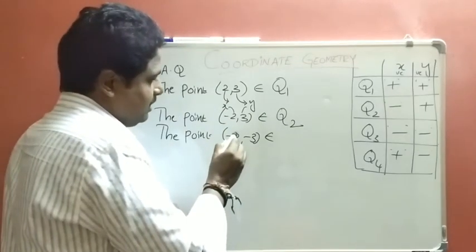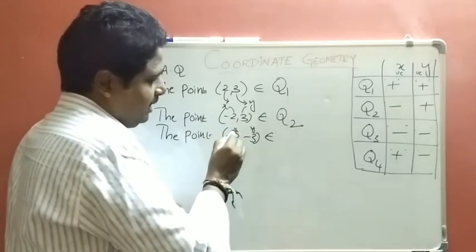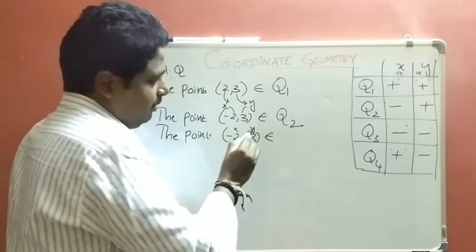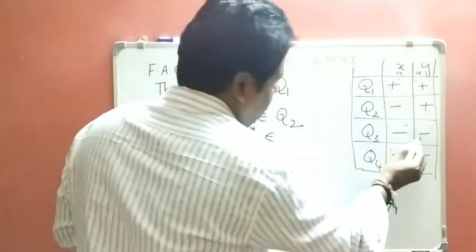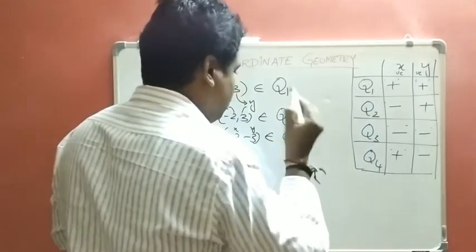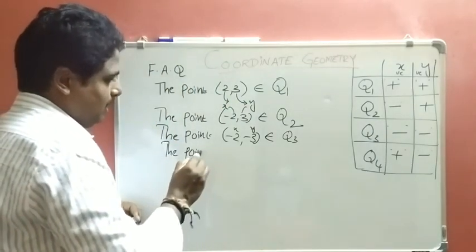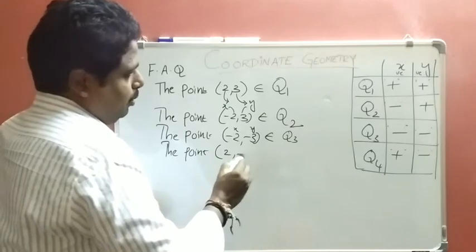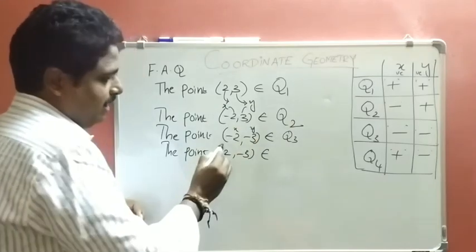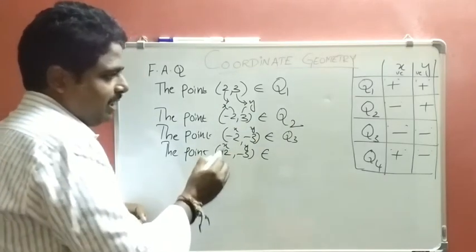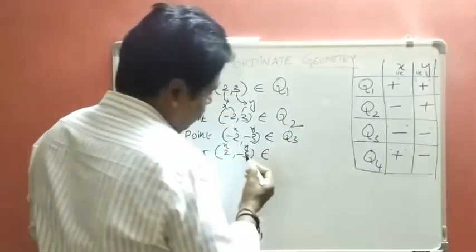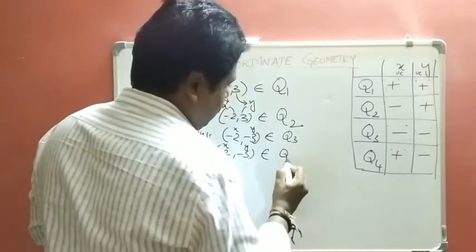This is x, this is y. X is equal to -2, which is negative, and y is positive, so x negative, y positive belongs to Q2. Next, the point (-2, -3): x is equal to -2, which is negative, and y is equal to -3, which is negative. Both are negative, so it belongs to Q3. Next, the point (2, -3): x is equal to 2, positive, and y is equal to -3, negative, so Q4.